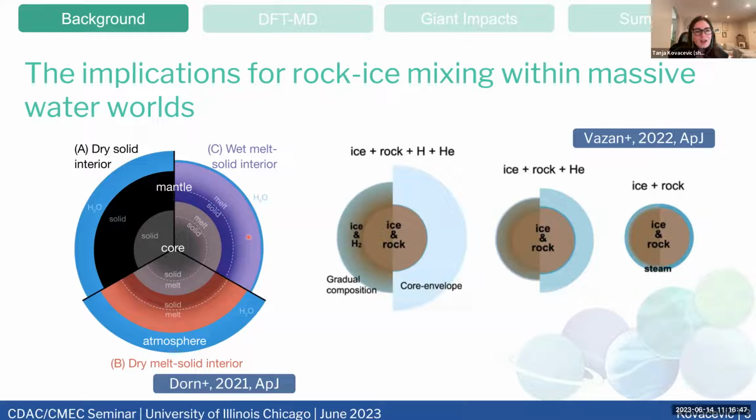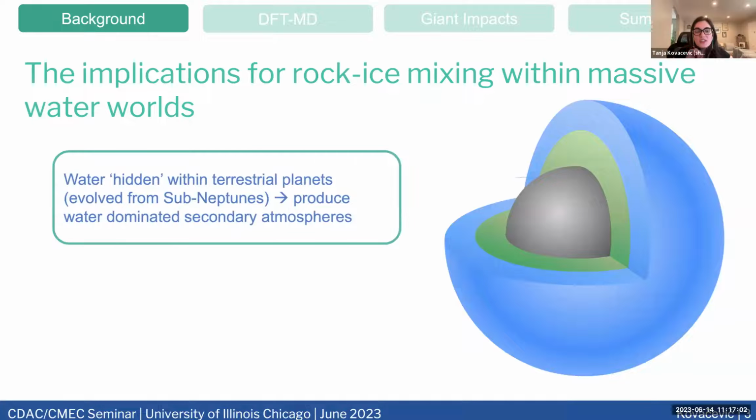But why might water hiding be important for research, for understanding these mixtures, and for planetary science? In 2021, Edwin Kite suggested that water is hidden within terrestrial planets that were once sub-Neptunes. Remember, I said Fulton made the hypothesis that some of these super-Earths could have just been sub-Neptunes that had their atmospheres stripped.